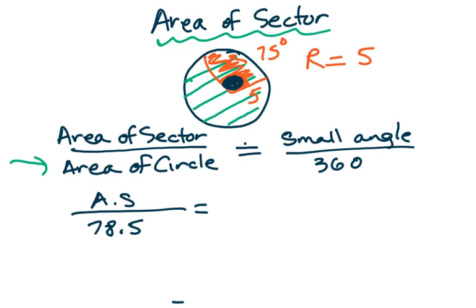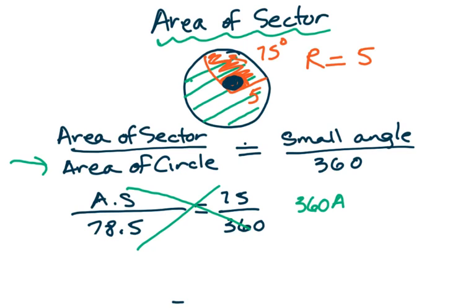the small angle, which was 75 degrees, all divided by 360. Now to do this problem, all you have to do is make the big X and multiply straight across like we do for ratios. So 360 times AS equals 75 times 78.5.